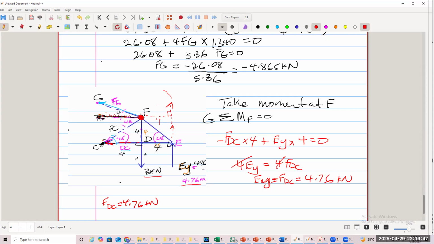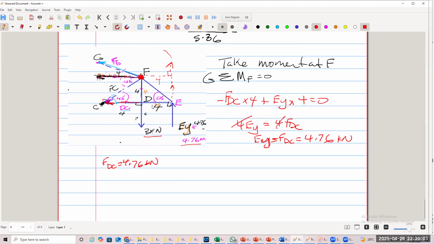So only one force is left. All right. Let's take the sum of the vertical forces to see if we can find that one. I'm looking to see what's the easiest way to find it.